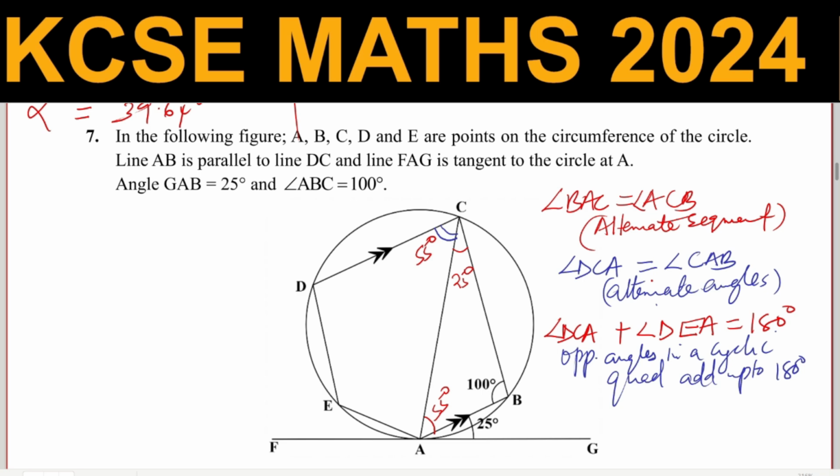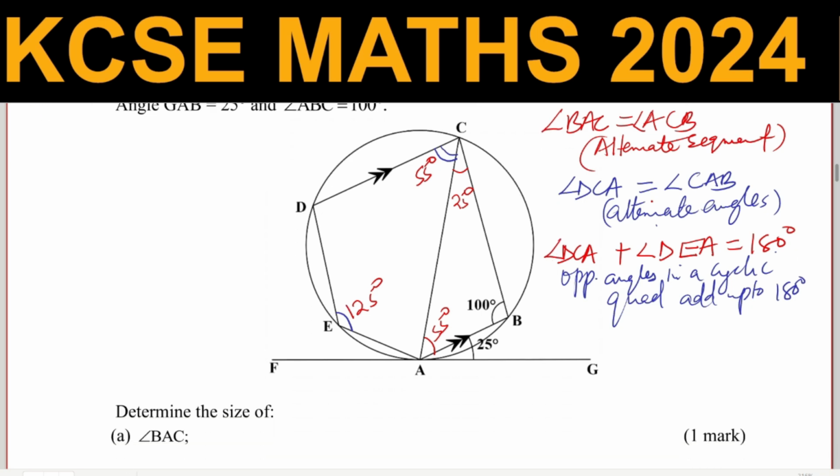CDEA is a cyclic quadrilateral, and therefore this particular angle here plus 155, that should give 180, and therefore this one should be 125 degrees. Let me see whether we can still get another angle, or we have already obtained the required angle.